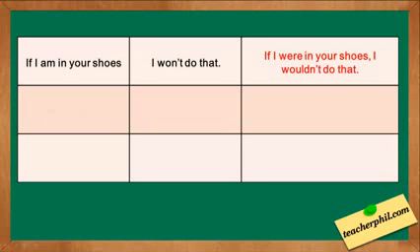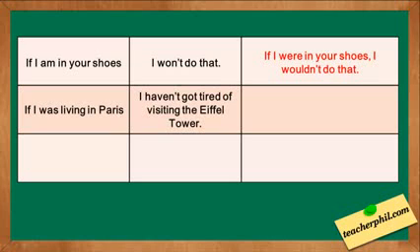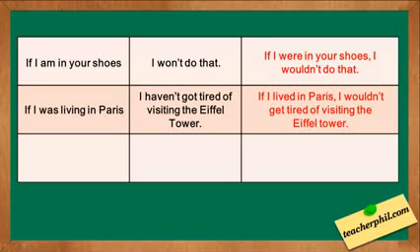The fourth one: If I was living in Paris, I haven't got tired of visiting the Eiffel Tower. The answer is, if I lived in Paris, I wouldn't get tired of visiting the Eiffel Tower.